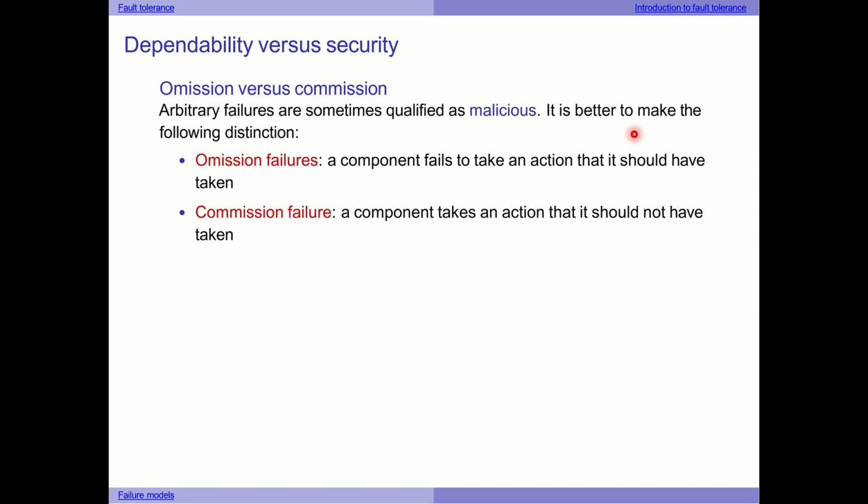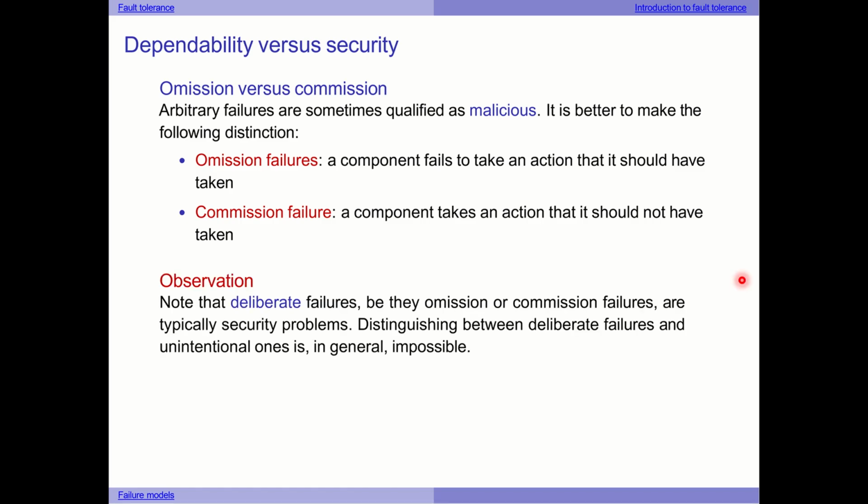So it is better to make the following distinction. First, omission failures, where a component fails to take an action that it should have taken. And the second one is commission failures, meaning a component takes an action that it should not have taken.